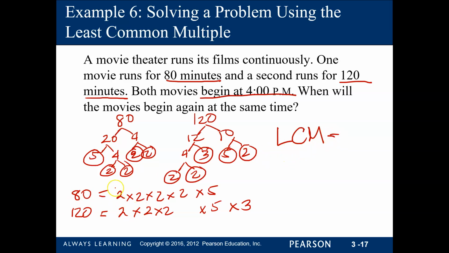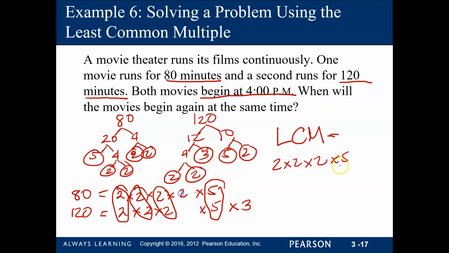In this case, it will be 2 times 2 times 2 times 5. That's the GCF. And then you have times 2 times 3. So, we have 2 times 2 is 4, times 2 is 8, times 5 is 40, 40 times 2 is 80, 80 times 3 is 240.